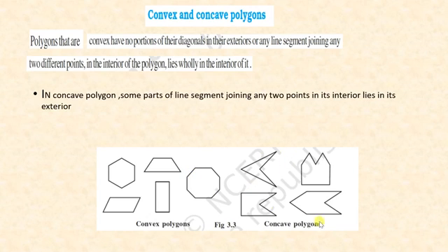But these four are not convex polygons because if you draw a line segment joining two points, one at this point and another at this point, and if you join them, then some portion of it will lie outside, in the exterior of it. Similarly here and similarly here.